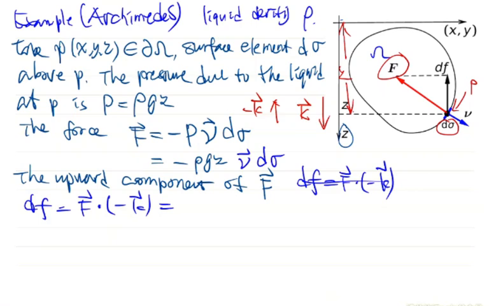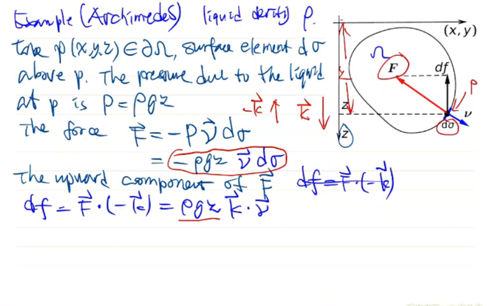Therefore, F is minus rho gz nu d sigma, and minus k. So minus times minus is positive.